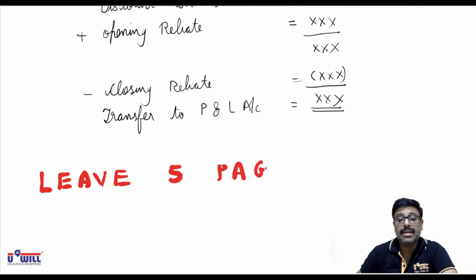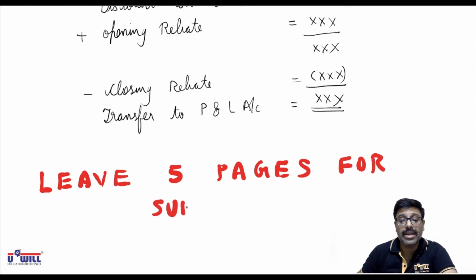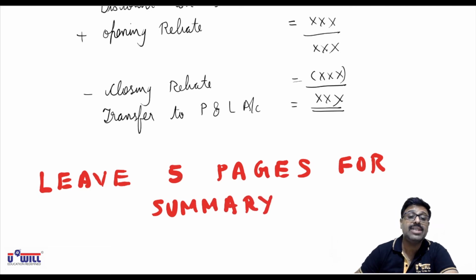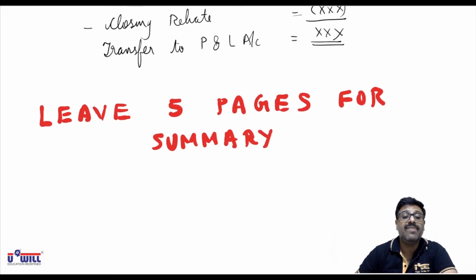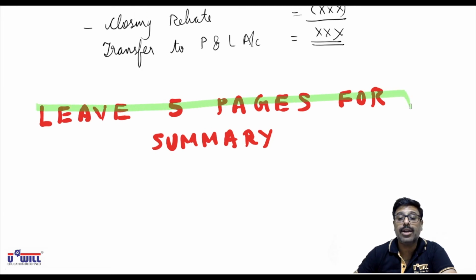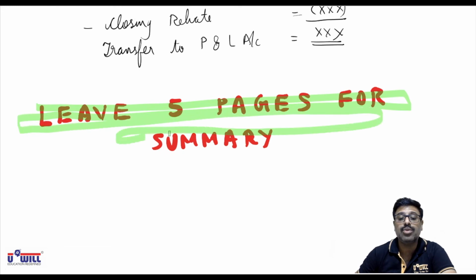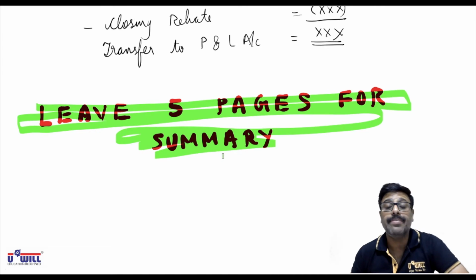I repeat, leave around 5 pages for the summary. We will be doing this in coming lectures. So in the beginning of your notebook in this chapter, leave around 5 pages for the summary, so that when we come back to that topic later on, you write all the important points at the same place only.